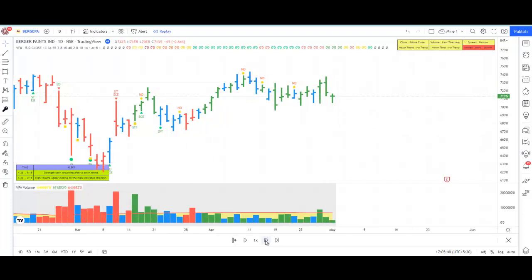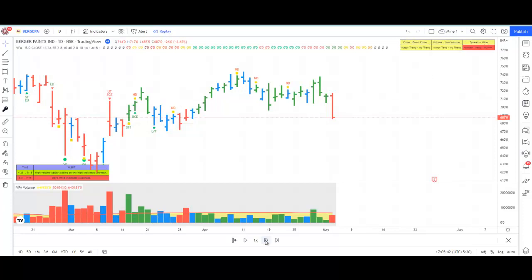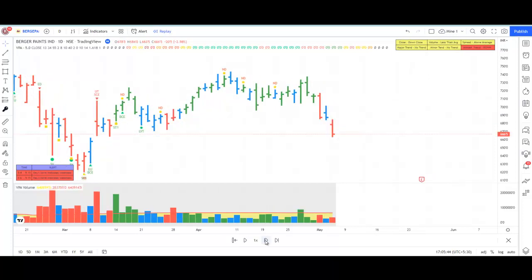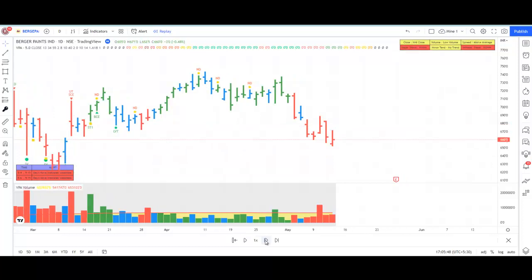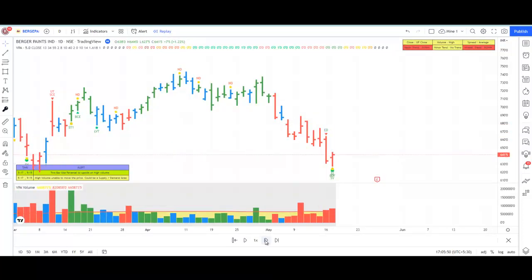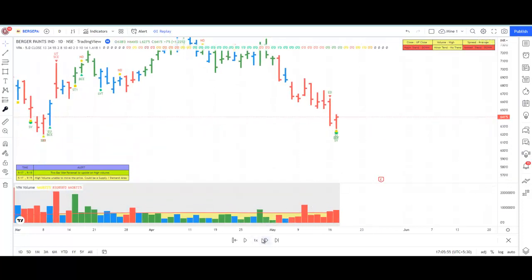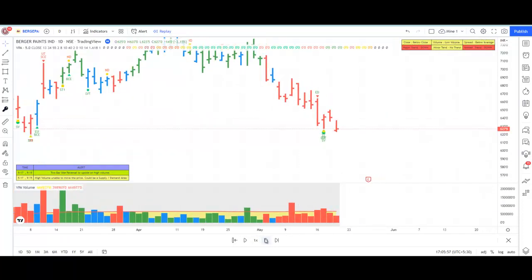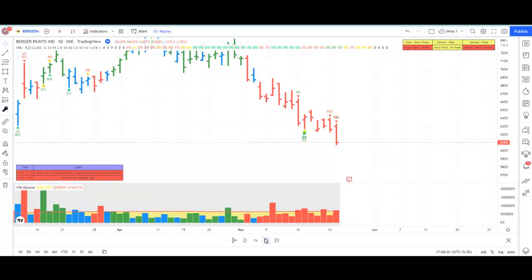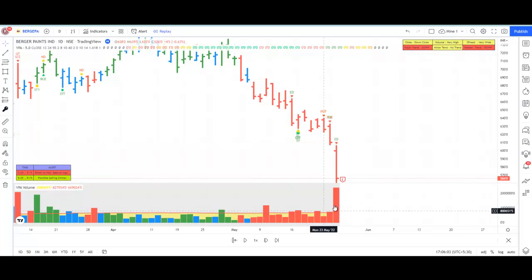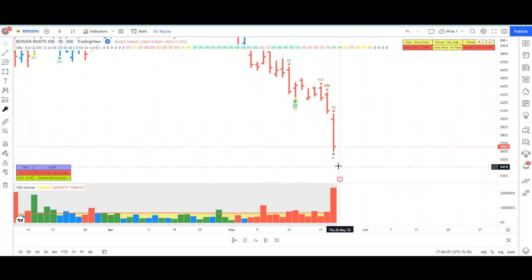The stock has been moving down again. Here we have a selling climax bar.